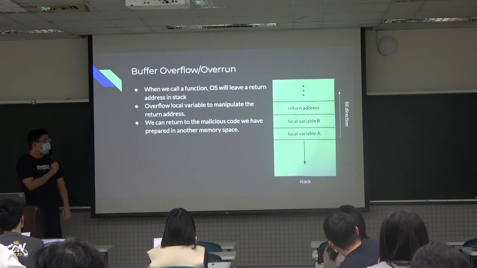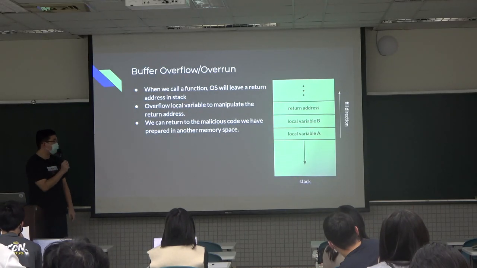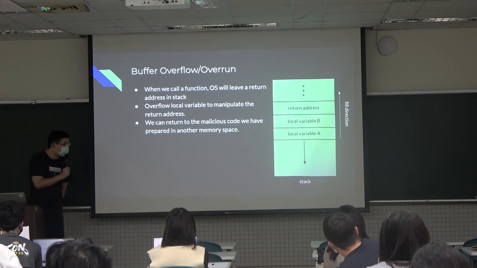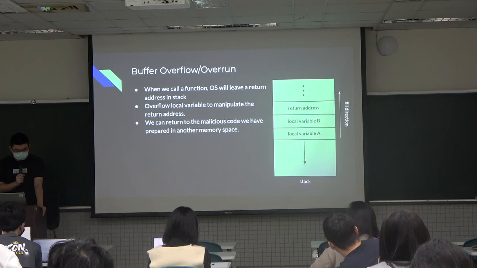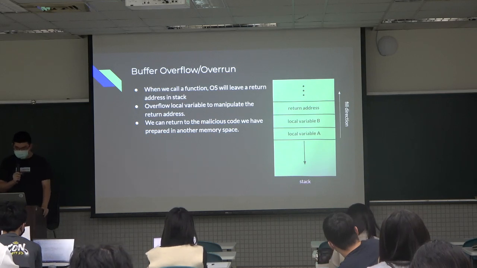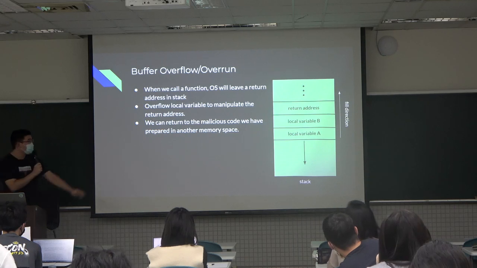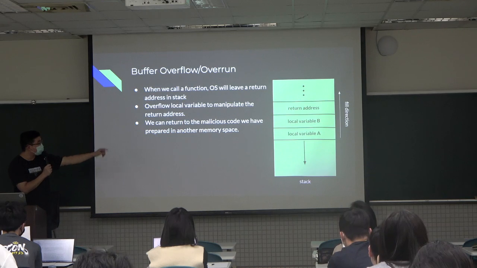And this is a buffer overflow attack. When you call a function, the operating system will move our address to the function address. So we need to record our original address in our stack. You can see in the image, it's recorded in the return address area.